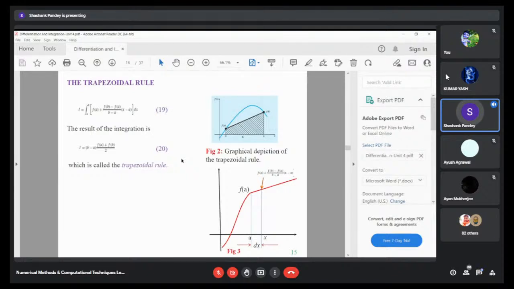So what if I wish to know the value at any point x lying between a and b, that is f of x?